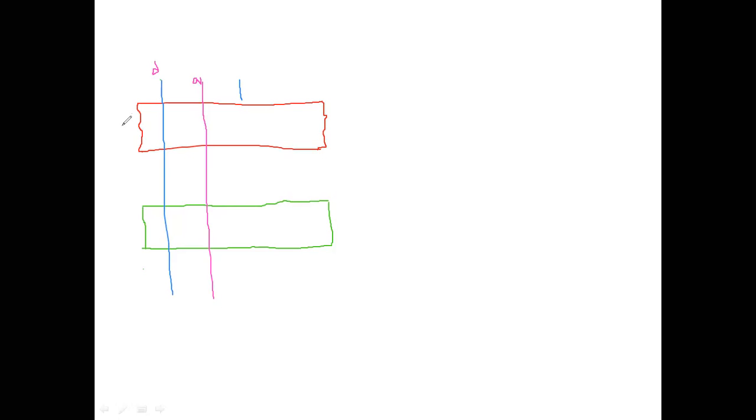If you consider a sinusoidal distribution, we are making an assumption. Here we are considering the sinusoidal distribution with respect to the primary, and this is the primary.